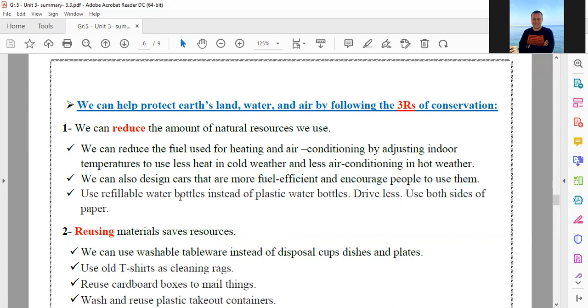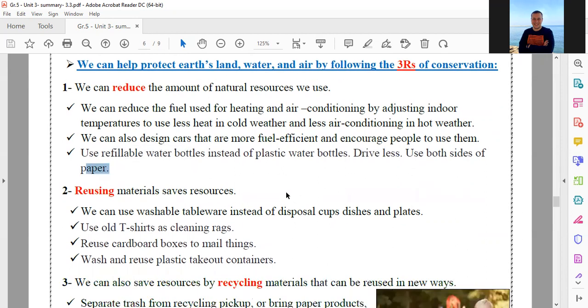Use refillable water bottles. Refillables means you can refill these water bottles instead of plastic water bottles in order to reduce the use of plastic. Drive less, so as not to use more fossil fuel. Use both sides of the paper to reduce the cutting of trees.